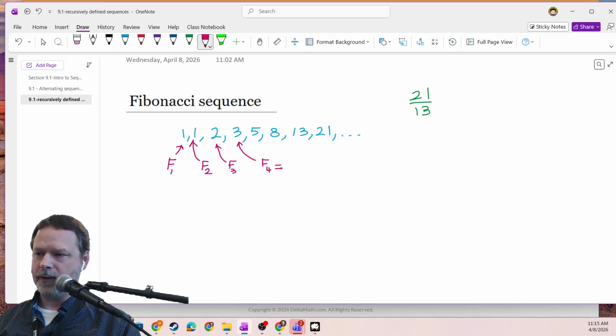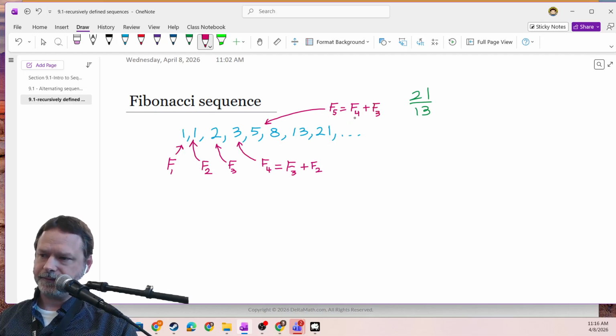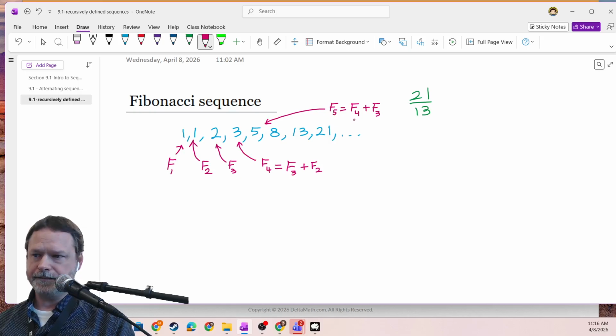Well, F4 was F3 plus F2, right? Let's look at this one. Here's my fifth term. My fifth term was the fourth term, F4 plus F3, right?